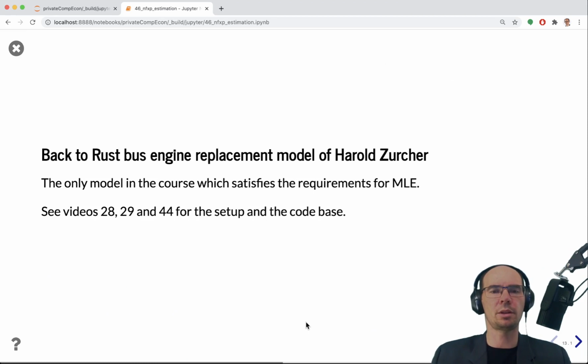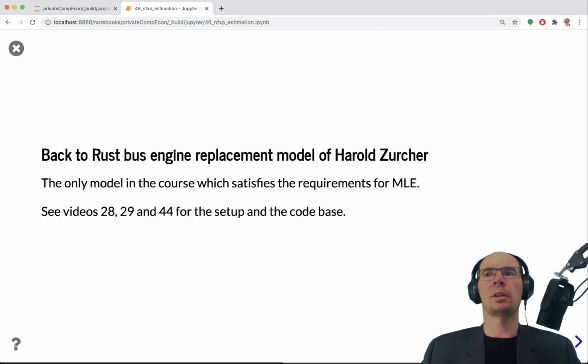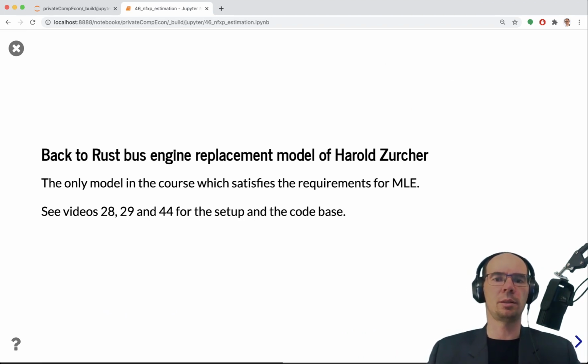All right, back to the bus engine replacement model. This is the model in the course which admits the maximum likelihood estimator. And as I was saying in previous videos, namely 28, 29, and 44, John's paper, Econometrica 1987, was a very significant contribution on many levels.